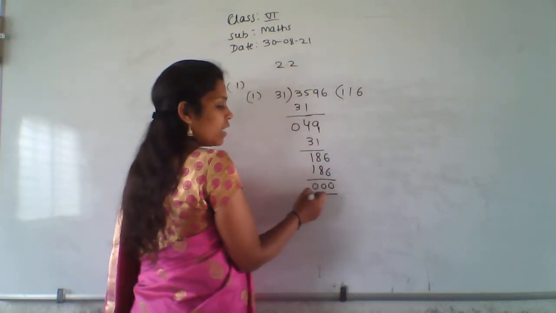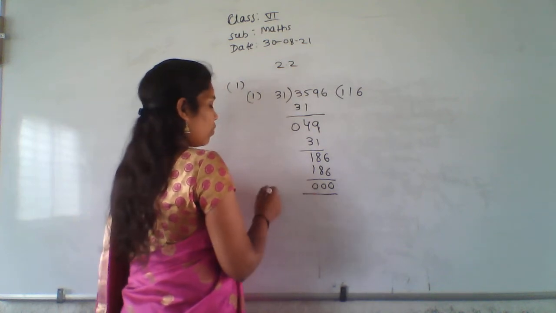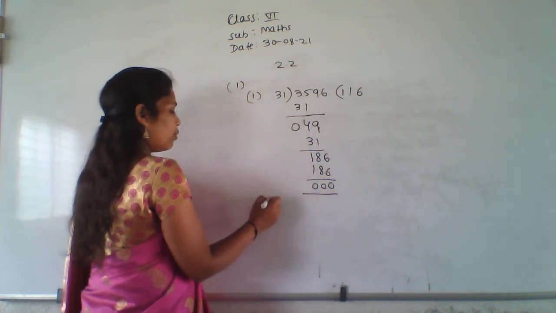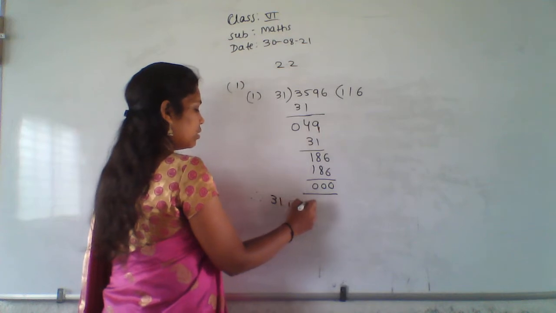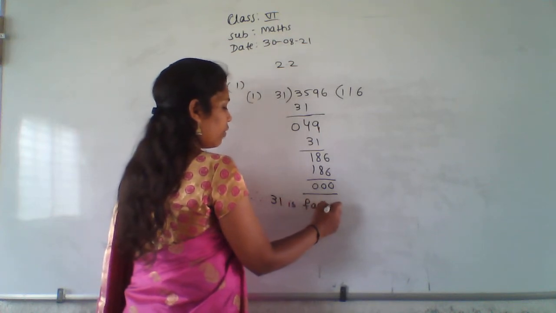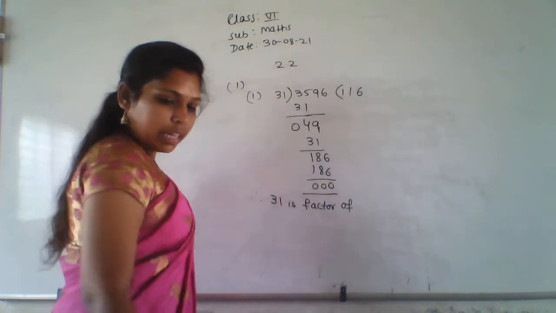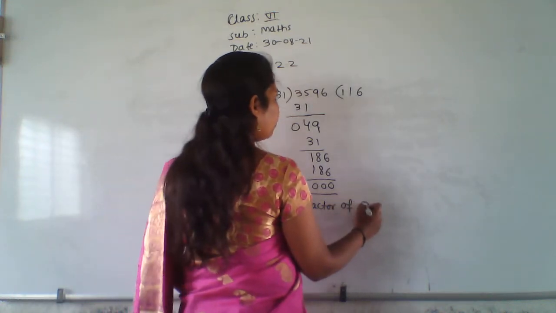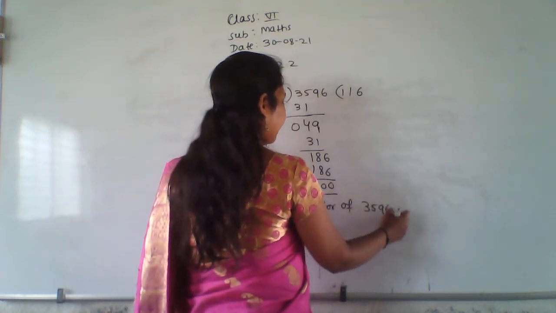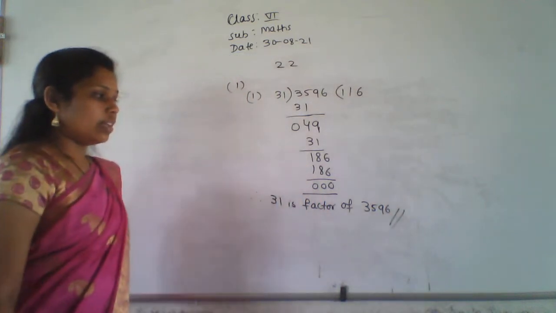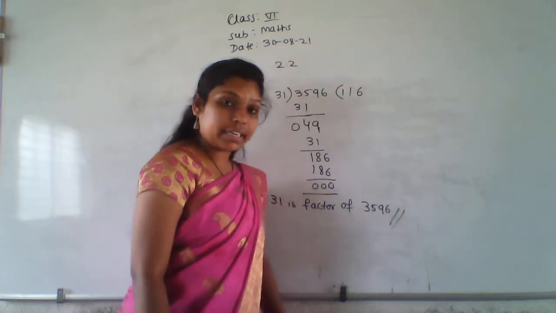So what is the remainder we got here? 0. Then what can we say here? Therefore 31 is a factor of 3596.